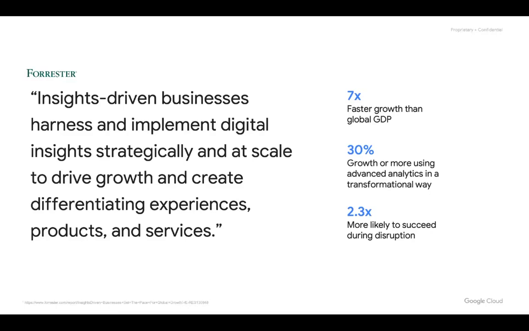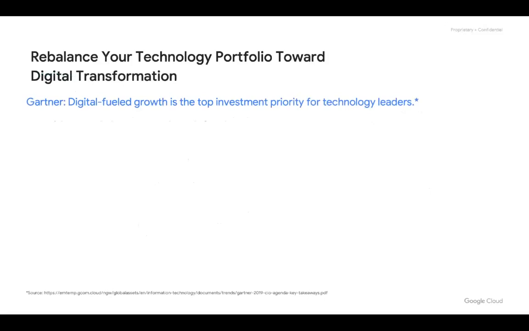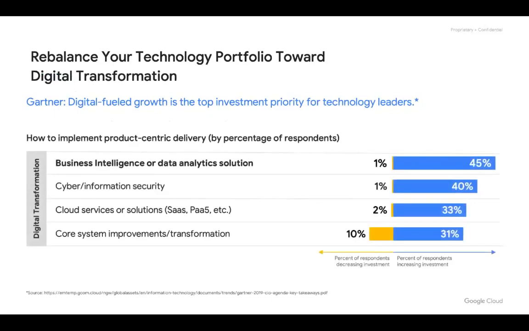So we know data is important, and one way we can see that is that people are rebalancing where they spend, at least according to Gartner. How they're spending money on IT or technology is moving towards business intelligence and data analytics. William's going to talk a lot about machine learning and analytics excellence in your organization.